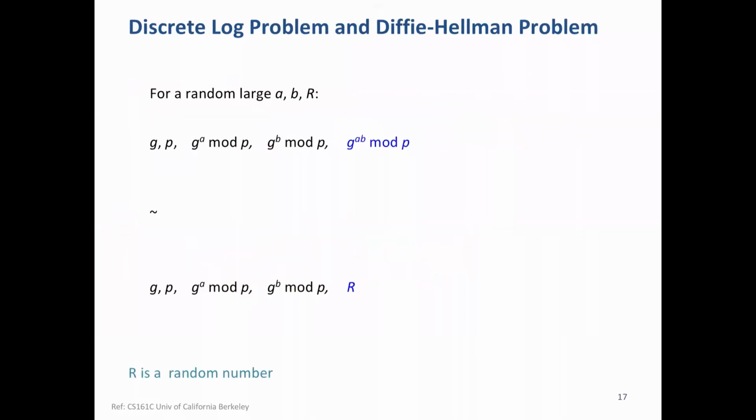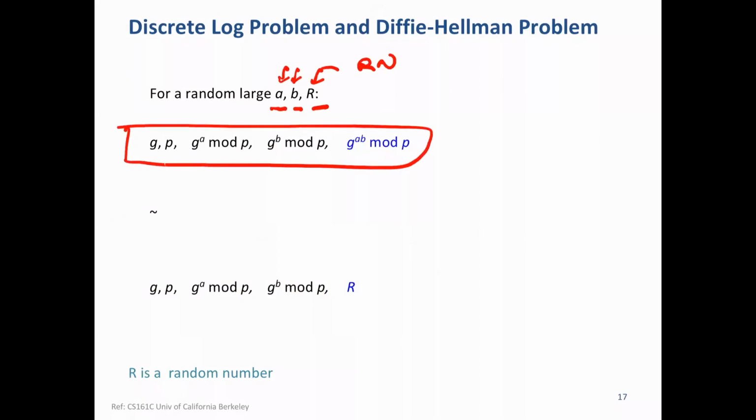The same thing we can say here pictorially: given random A, B and R, A is the key with Alice, B is the key with Bob, and R is a random number. Then the common knowledge is this one.